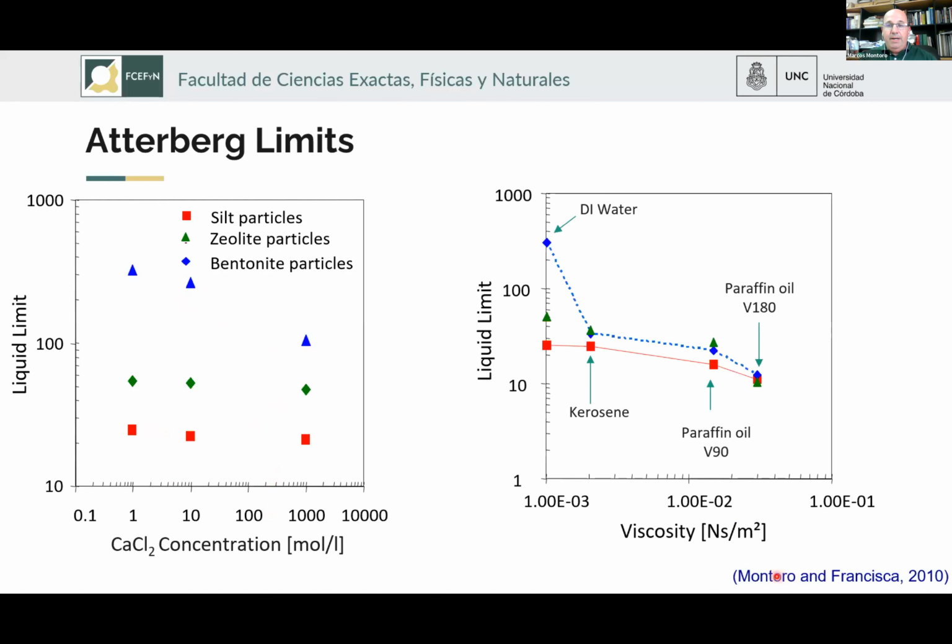The liquid limit values were measured also for the three types of fine particles using the three non-aqueous phase liquids we tested.